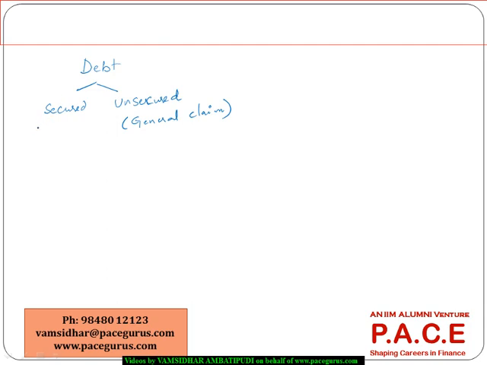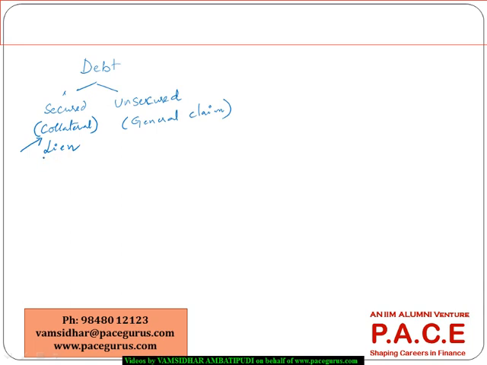But when we talk about a secured loan, the lender will have a collateral exclusively defined for that particular borrowing, and in case of a default, a specific access to that collateral can be done. So this collateral typically is like a lien. It cannot be assigned to multiple lenders.